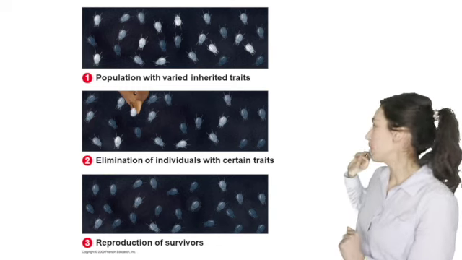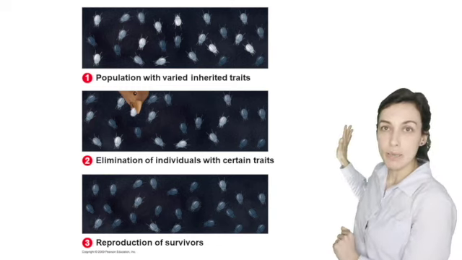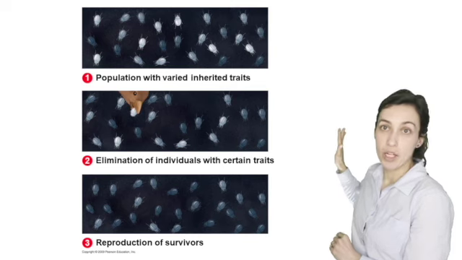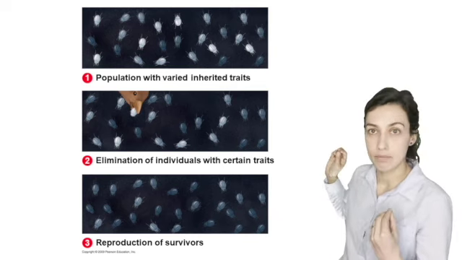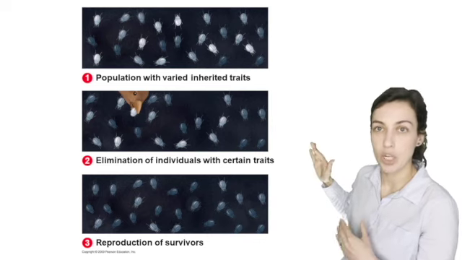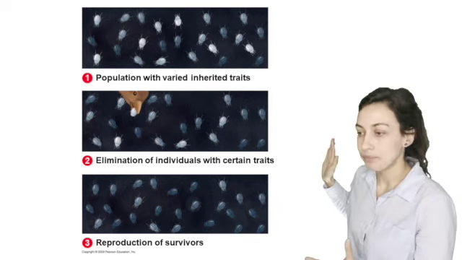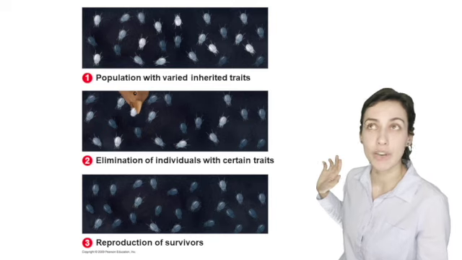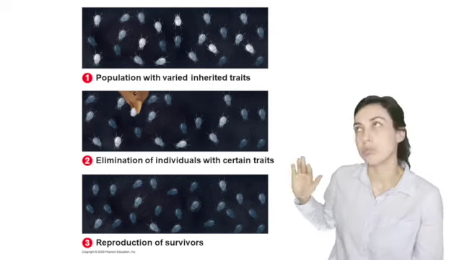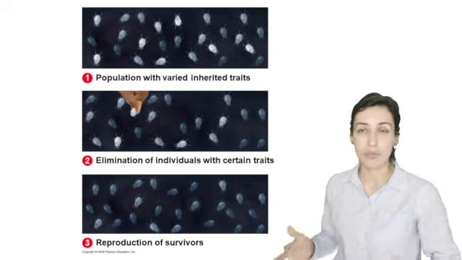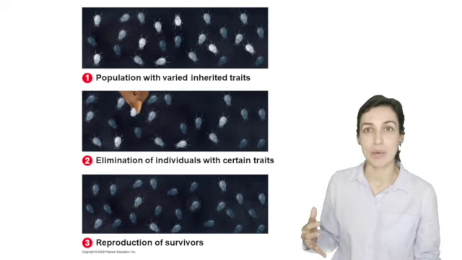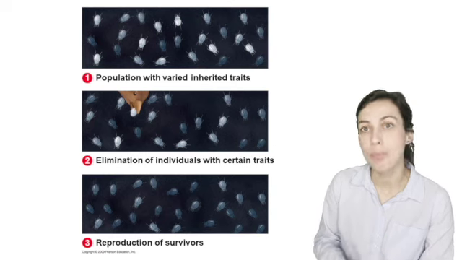So here's a population of beetles, and one of their variations is they have different colors, right? Some are darker and some are lighter. And let's say that they're living originally on the ground of some woods, and the ground has various shades of dark and light, and so it doesn't matter what color the beetles are.